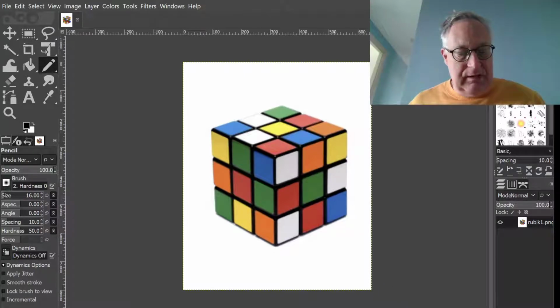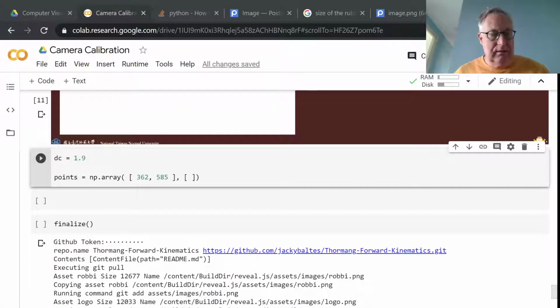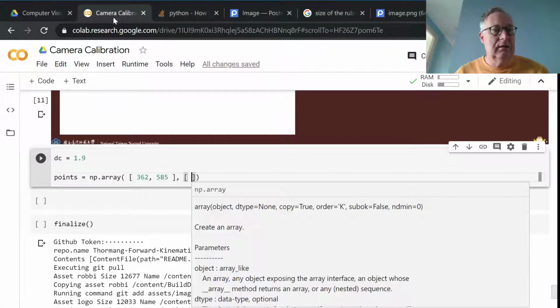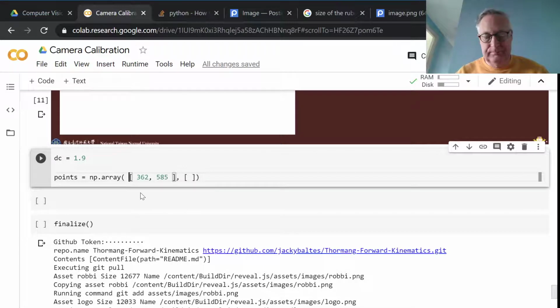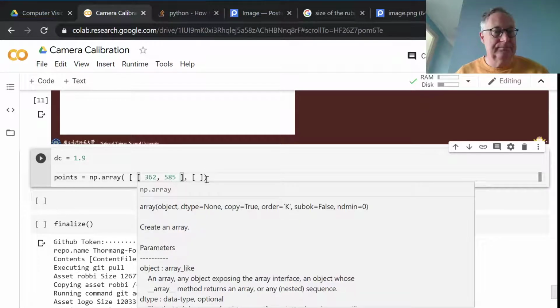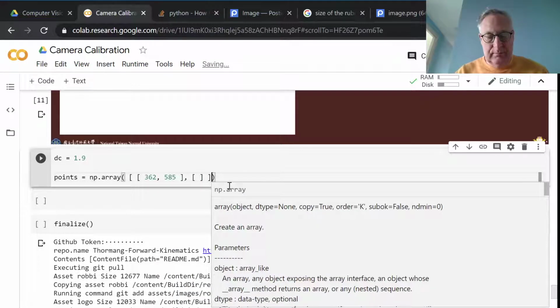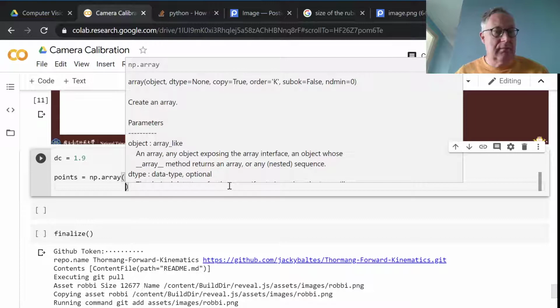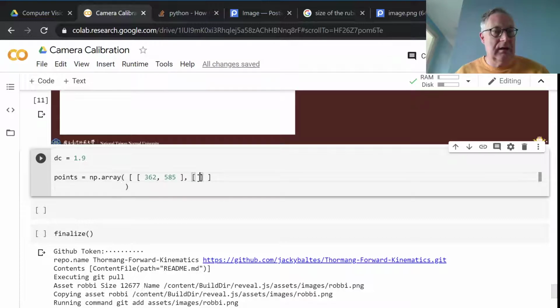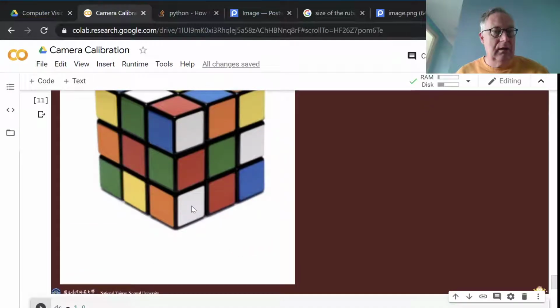So that would mean that this point that I have here, this should be half of 1 whole square, right?